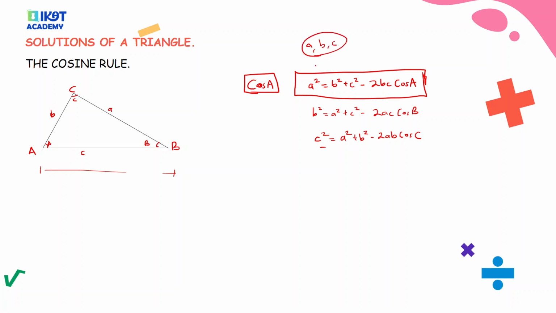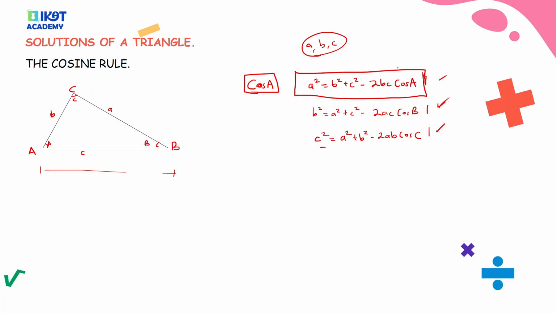These are the sides opposite the respective angles. So a is the side opposite capital A, b is the side opposite capital B, c is the side opposite capital C.